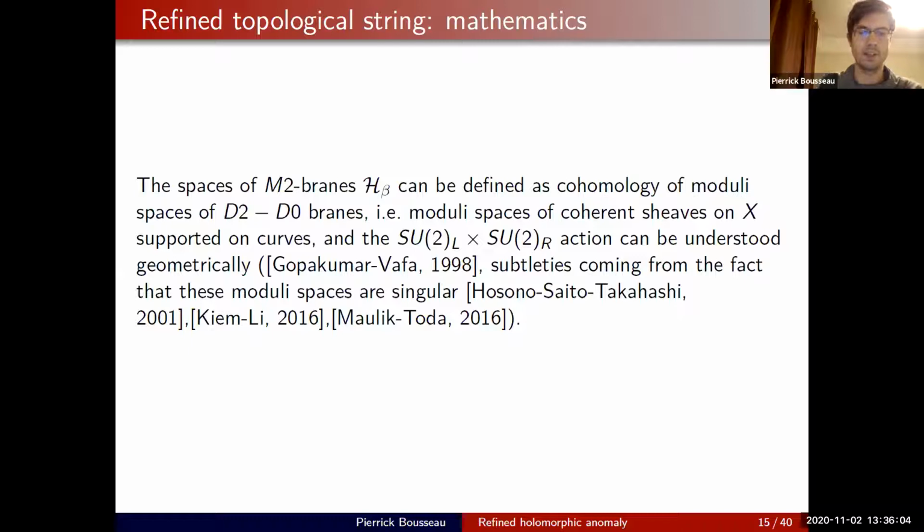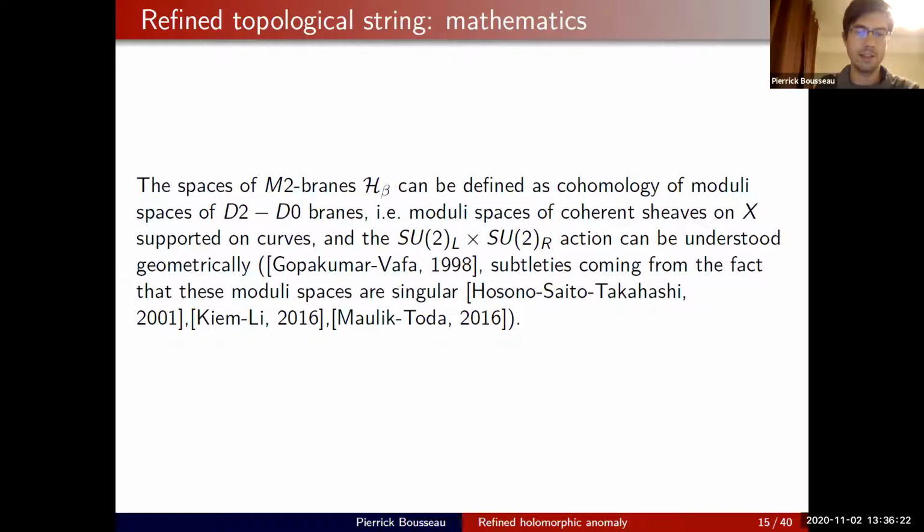So something like holomorphic curves, a Riemann surface in your Calabi-Yau with a holomorphic line bundle on it. This will be a geometric description of a D2-D0 brane. Then you look at the moduli space of such objects, and then its cohomology.